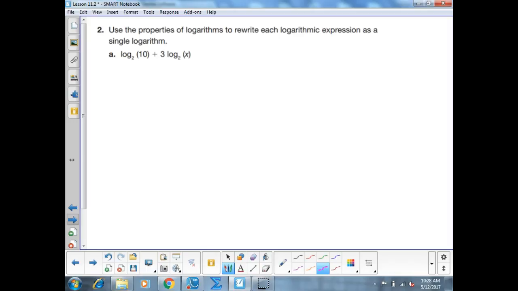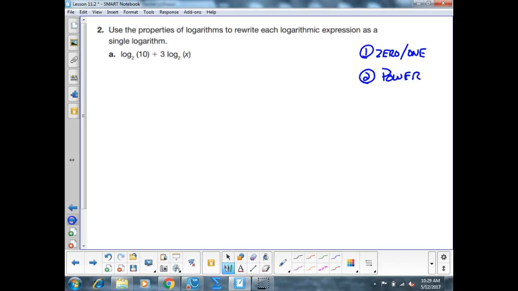Then we apply product and quotient. So here the first thing that I would do is adjust that one.